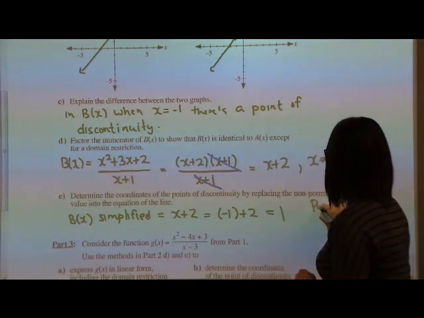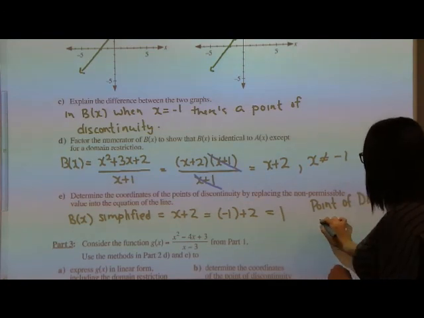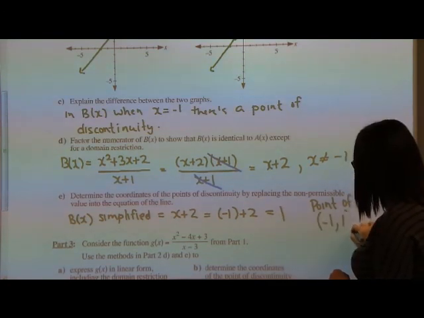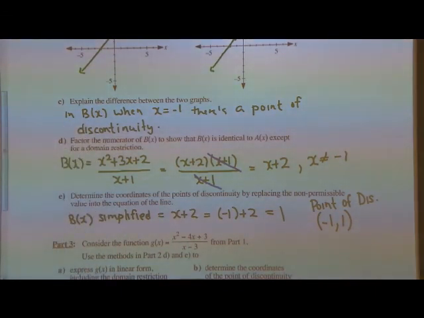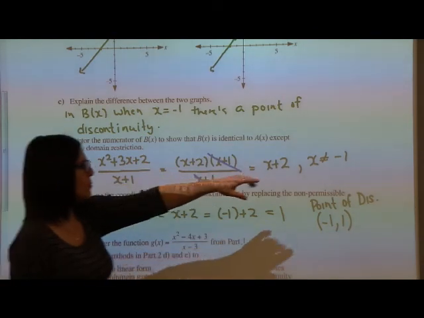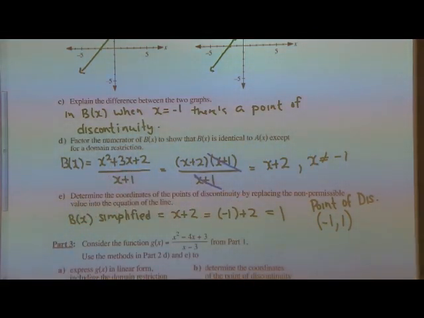So then my point of discontinuity is (-1, 1). That's how we find points of discontinuity. We simplify the equation and we put the non-permissible value into that simplified equation.